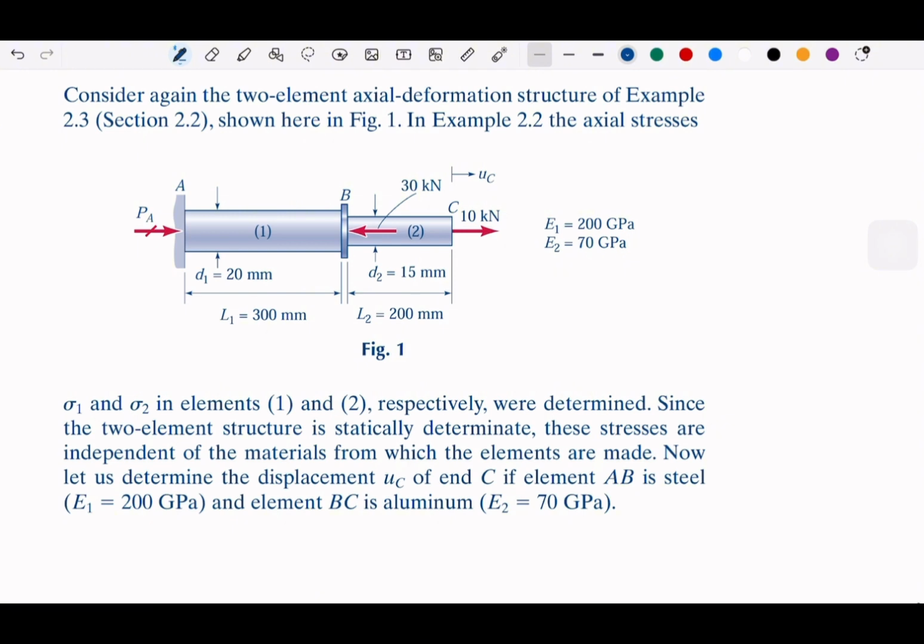Before we start to work on this, always remember that we start with the expression: elongation is equal to FL over AE. Every time you see any problem with axial deformation, that is the formula that we are going to use all the time.